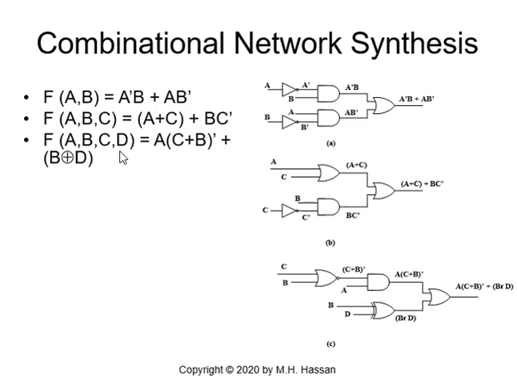If we consider a four-variable function f of a, b, c, and d, those are just examples, equal to a and c or b all prime, or b exclusive OR d.